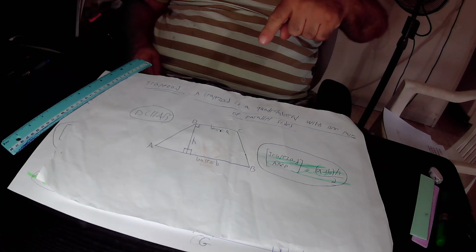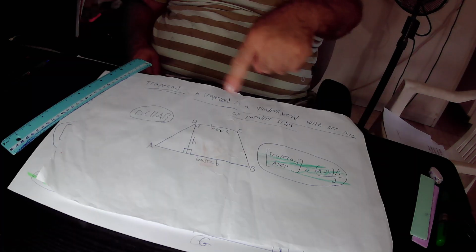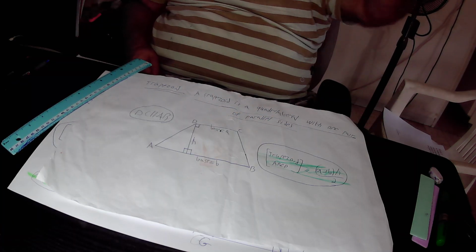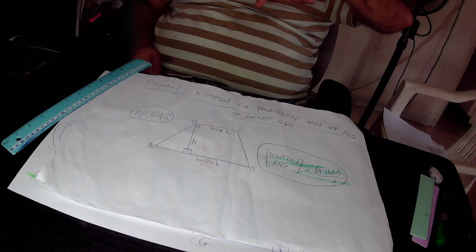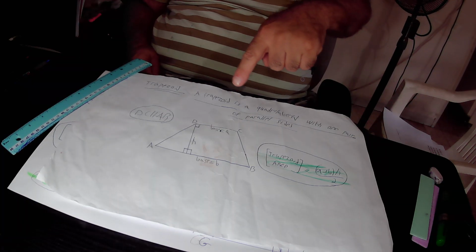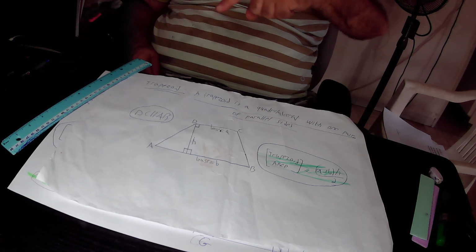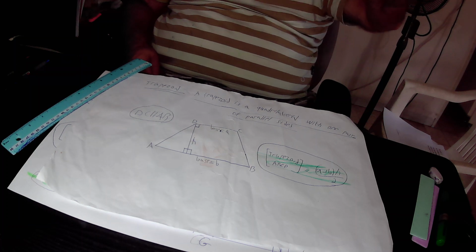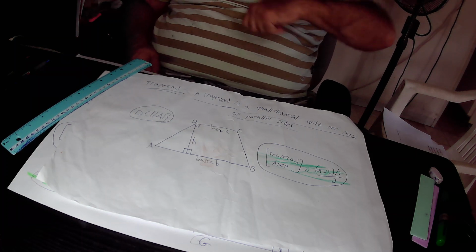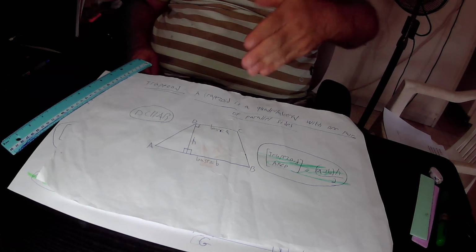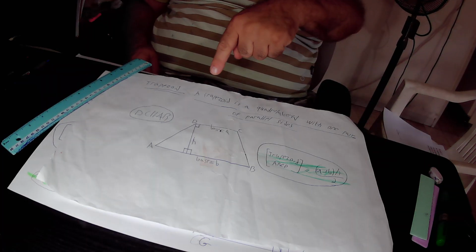The two parallel sides, DC and AB, are defined as the bases of the trapezoid. If we define the length of the base DC as A units, and the length of the base AB as B, then the area of this trapezoid ABCD will be equal to the sum of its two parallel bases, that is A plus B, times the height edge over 2.